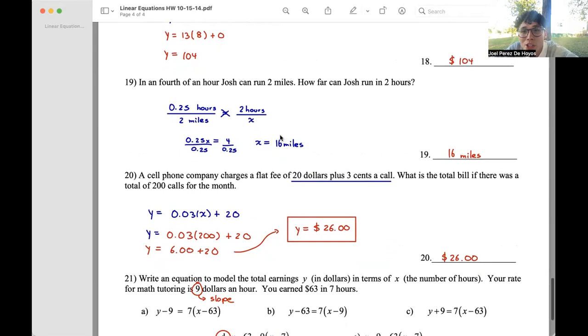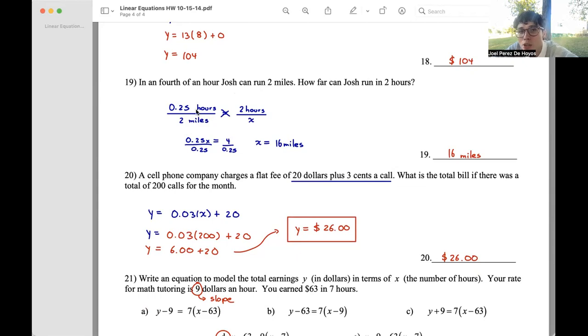In this one, you just have to put the proportions. Remember proportions. Yes, I added them here because it's good to review them again. In a fourth of an hour, 1/4 of an hour is 0.25, Josh can run 2 miles. How far can Josh run in 2 hours?